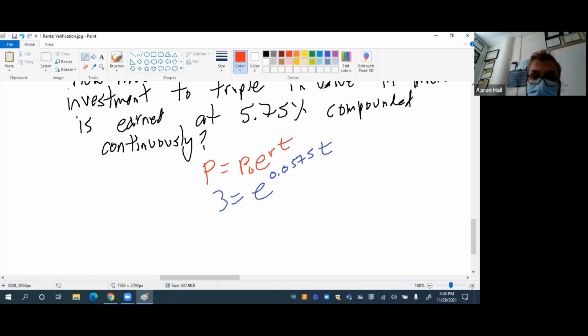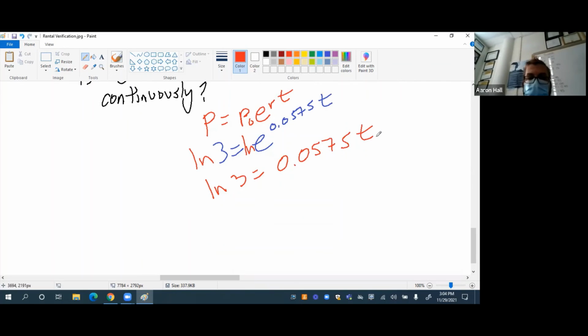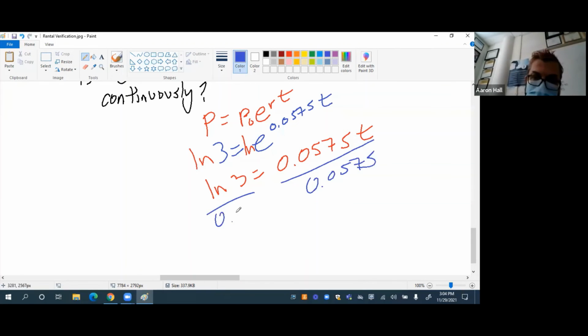Yeah, we do ln. We're going to do ln to both sides. These are inverses. They undo each other. And I'm left with ln of 3 equals 0.0575 t. Now what? Yeah, divide both sides by 0.0575.